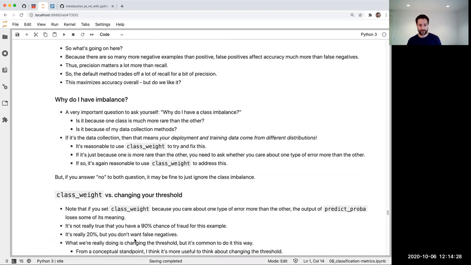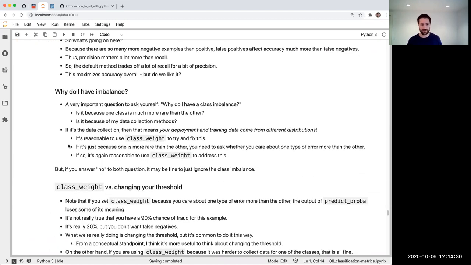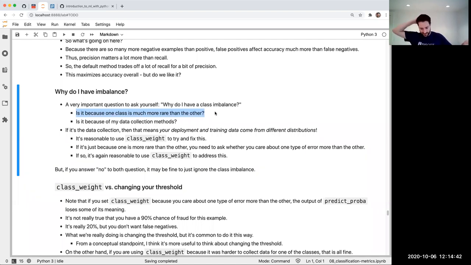I want to talk about why we have imbalance in the first place. There are a couple of reasons why you might have class imbalance. One is that one class is much more rare than the other, which is our case here. Most transactions are not fraudulent, so when we make a data set, we have imbalance. But it could also be because of your data collection methods.